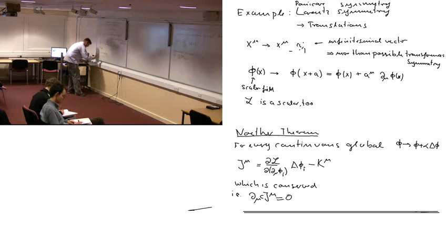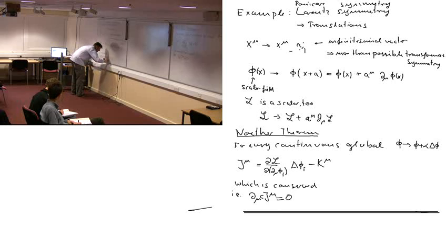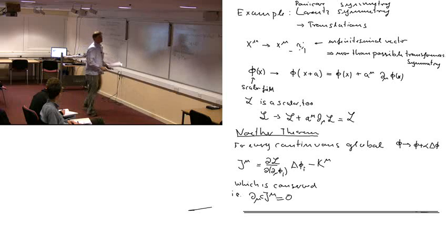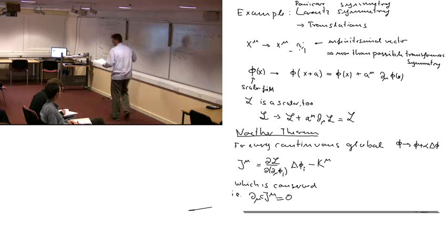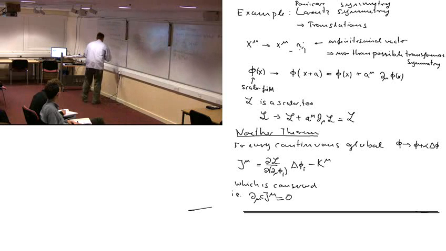Therefore we have L goes to L plus a mu d mu L. We can write this in a bit of a strange manner, which is more useful because we want to put it into the form of a total derivative.